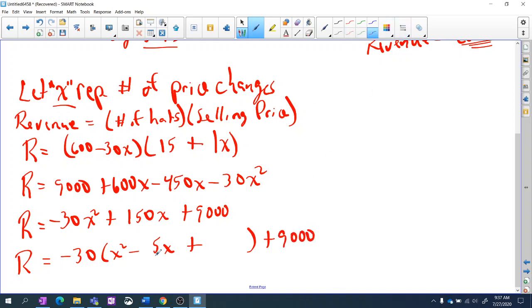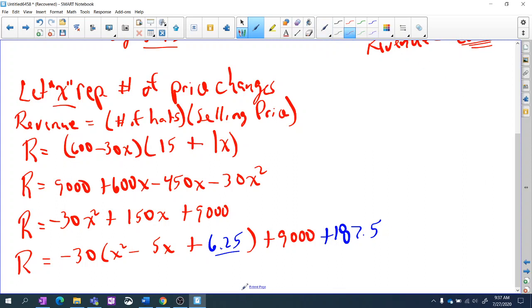So half of 5 is 2.5. 2.5 squared is 6.25. Multiply that by negative 30. Calculator here, so 6.25 multiplied by negative 30 is negative 187.5, which means I have to add 187.5. That's a good sign because this number is going to go up, which I want. I want to make more money. This is their revenue.